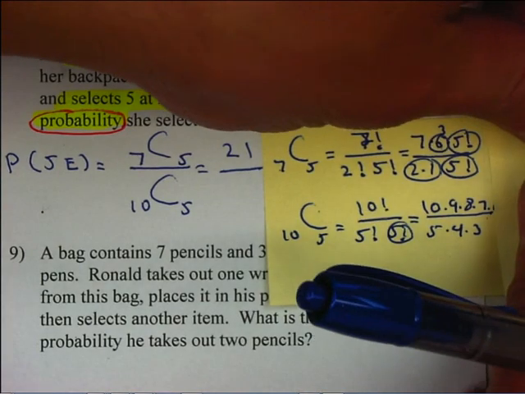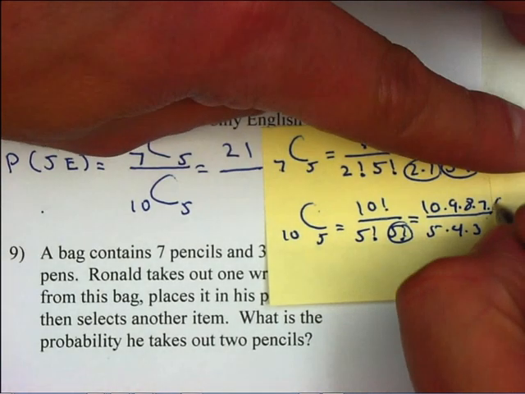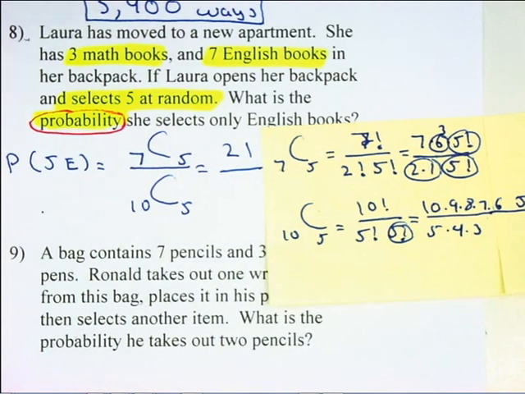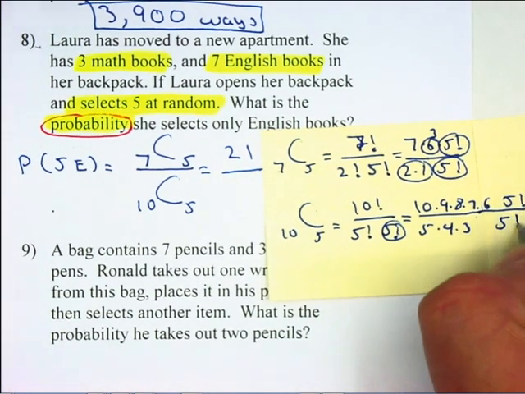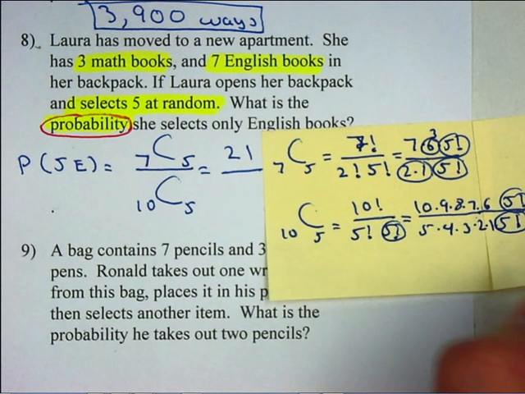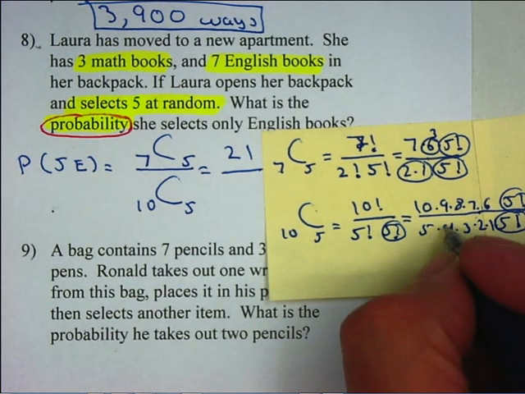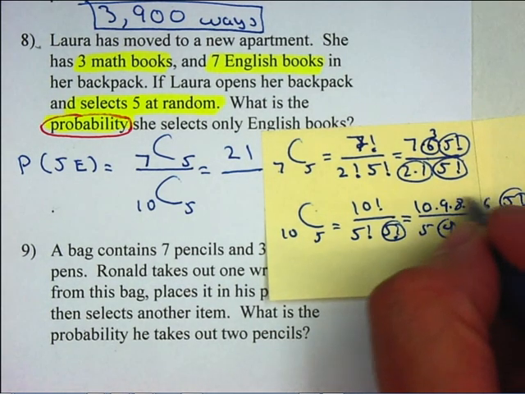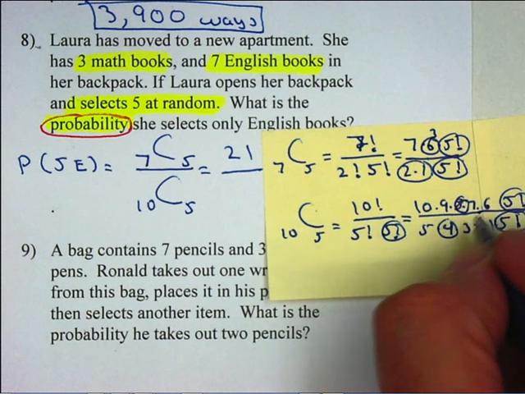So in this case, we have 6 and 5 factorial, which cancels with the 5 factorial. And 4, 3, 2, 1. So now let's simplify. The 4 and the 2 gives me an 8, so that cancels.